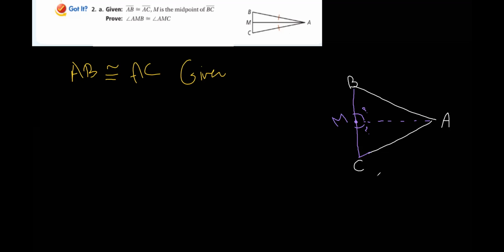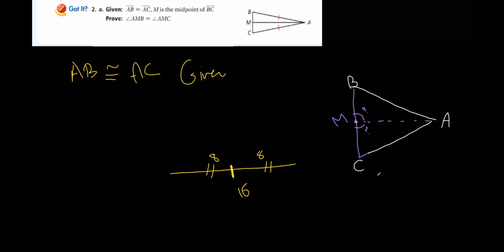Now, if you have a line and there's a point in the middle of the line, and the length of this line is 16, and this point is at the middle of the line, what does it mean? It's going to be 8. Yes, thank you. So what does it mean? That means the length of this side is equal to the length of this side. Is it right?